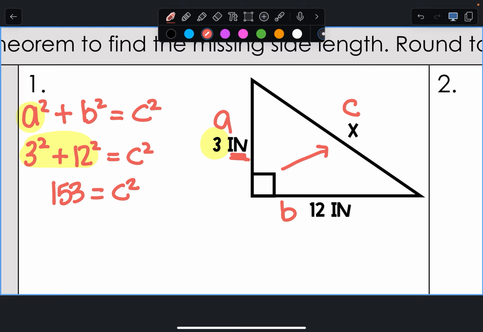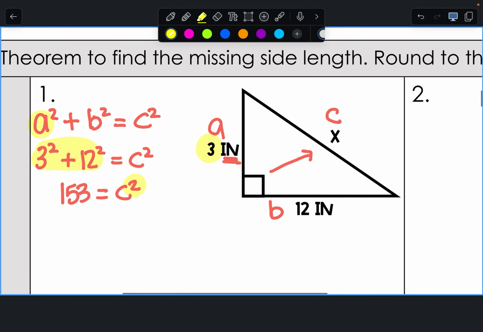Now, because it is still squared, this 153 represents what? Area or side? Area. It represents area. If it still has the 2, it's still area. But what are we looking for? We're looking for the side length. So what do we need to do to the 153? Square root it. Okay, so what is the square root of 153?